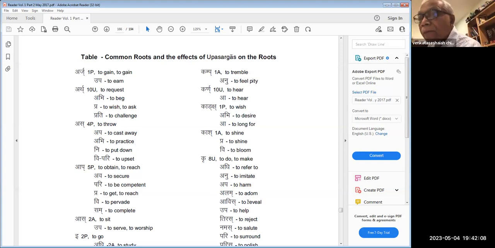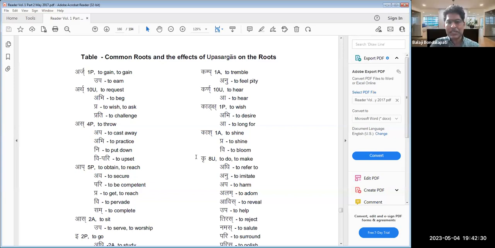I tried to put the common roots. If you put pari, parishkaram, to resolve. Sarga in general means beginning, right?